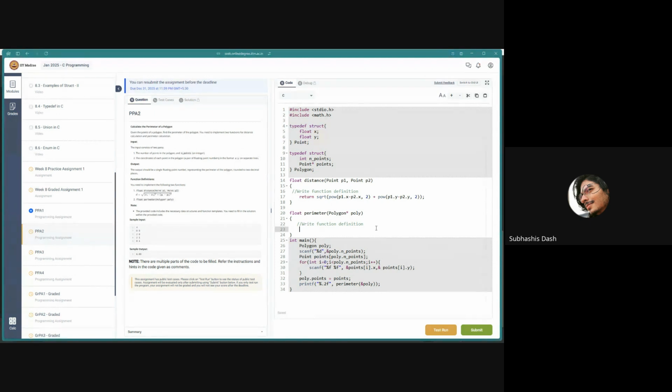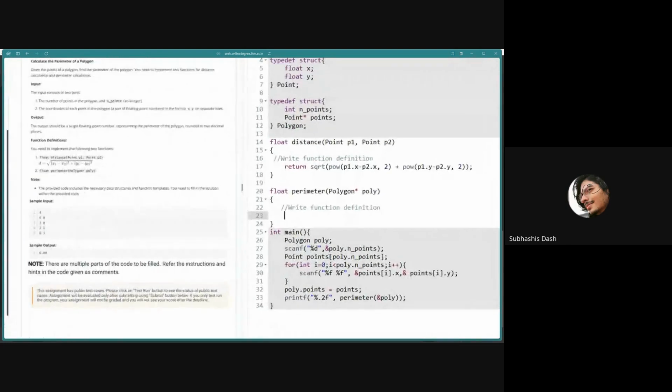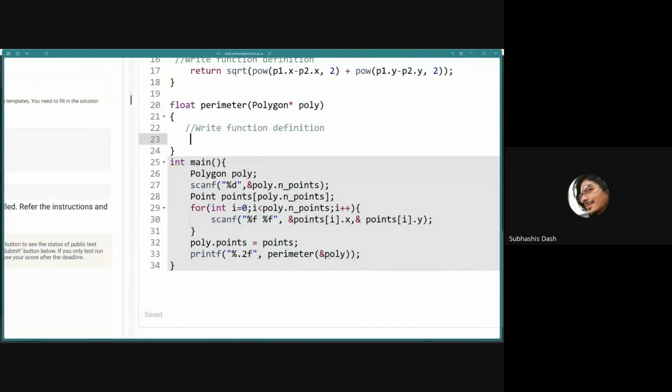So now what we have to do is take this one. We have poly endpoints. First, I think we take a variable and initialize it to 0, that returns the perimeter. Let's just look at the main function once.